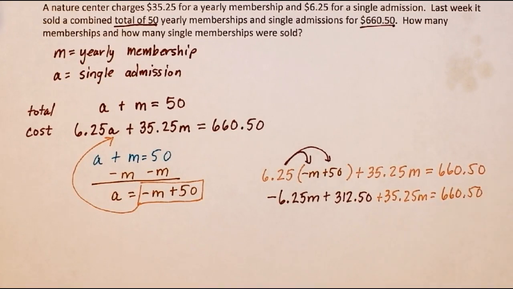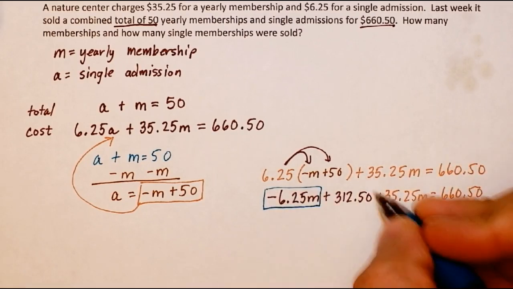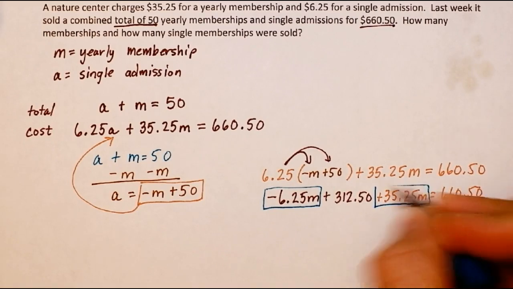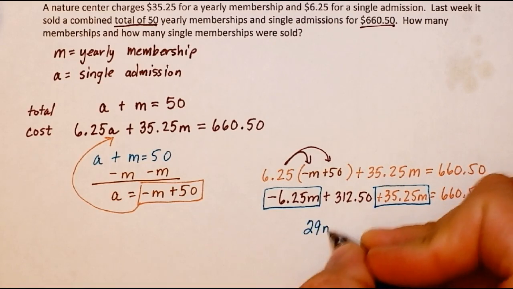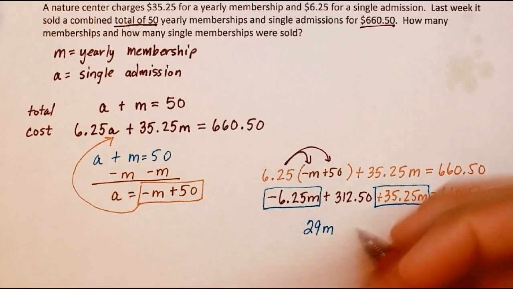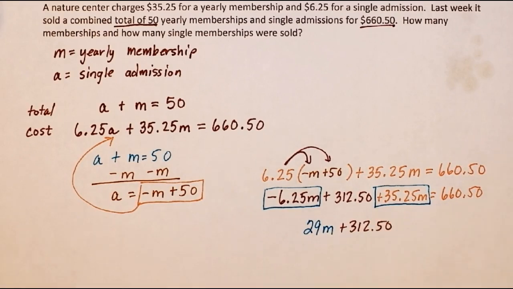So combine like terms, I have negative 6.25 M plus 35.25 M. That is going to give me a total of 29 M plus 312.50, all equal to 660.50.